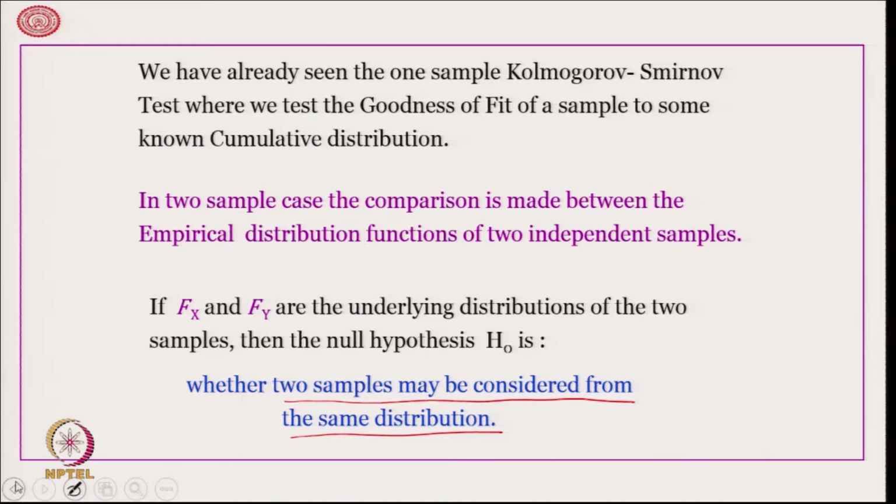Therefore, H naught: F_x equals F_y, against the two sided alternative, that they are different from each other. This is what we want to test.